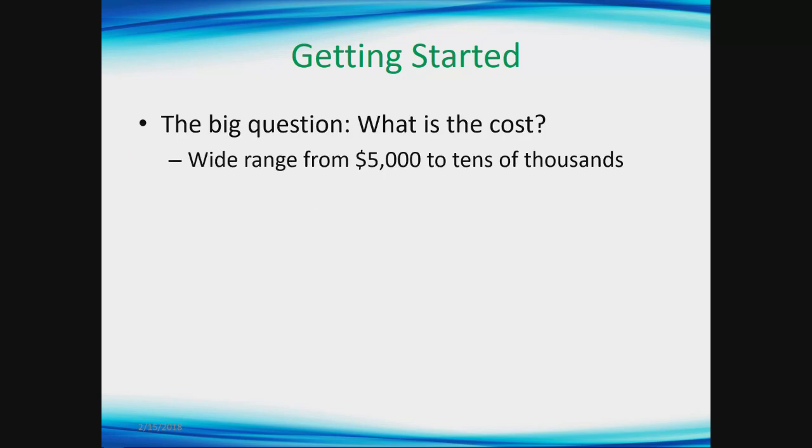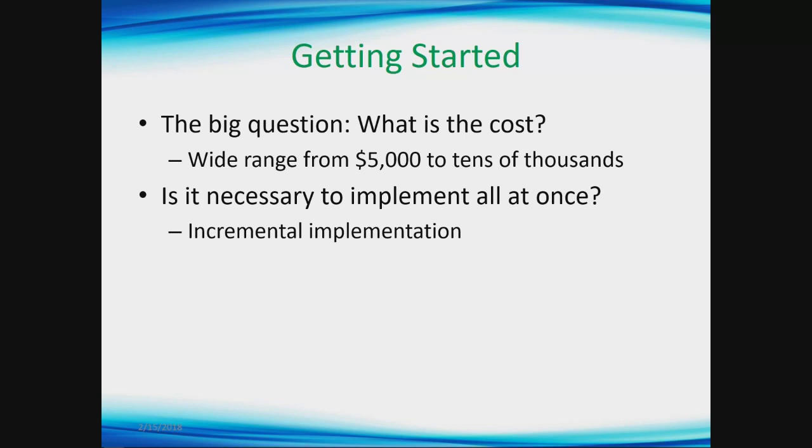Now, the Department of Defense, they may need to implement systems that are into the tens, hundreds of thousands of dollars, right? But, you know, the good thing about Desktop Alert is our scalable and affordable approach for customers in different verticals. Now, is it necessary to implement all these things at once? No. Okay, you can have an incremental implementation of a mass notification system.